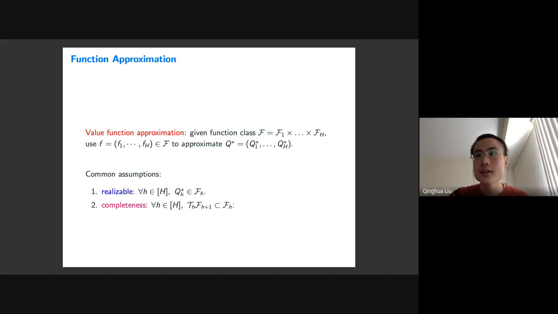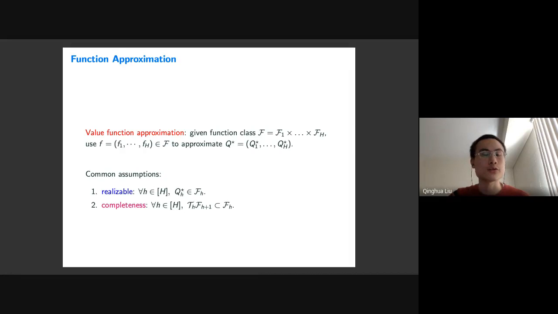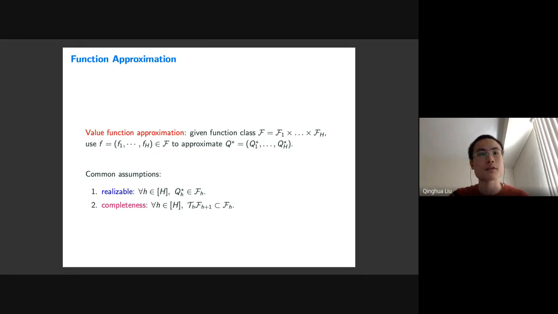Question? Yeah, I have a very quick question. This is really just about the closedness of the function space. In other works, if I remember correctly, they assume that any function is transformed into a function that is inside the function class that you consider. Here it is just on the function class that you are looking at. In this paper, we only need to use this weaker assumption. I think you are talking about the paper by Wang et al. In that paper, they need to use a stronger completeness assumption.